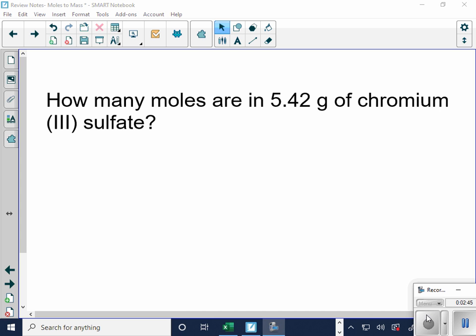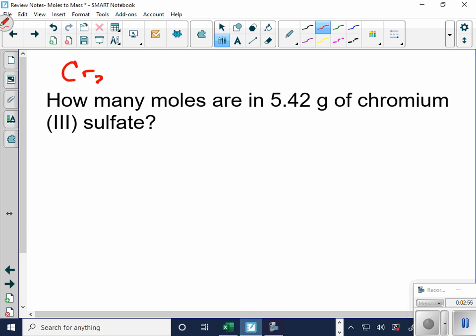So I look at chromium-3 sulfate. I know chromium is a 3+, sulfate is a 2-. So I'm going to need 2 chromiums and 3 sulfates in order to have my net charge be 0.